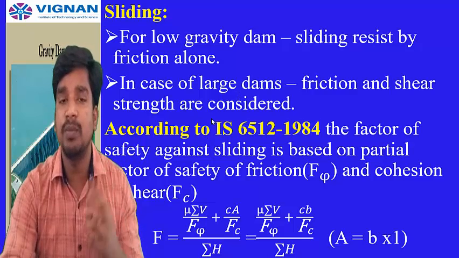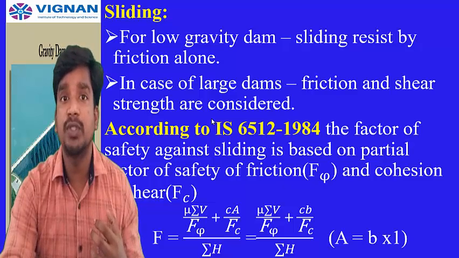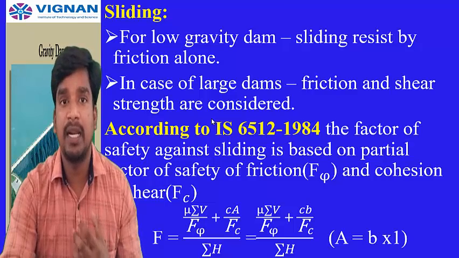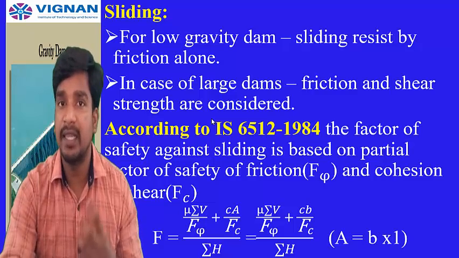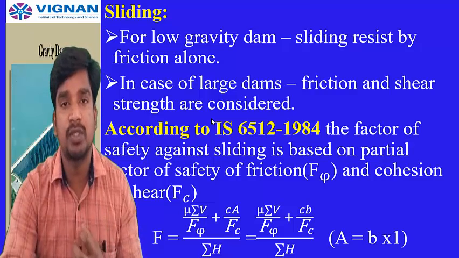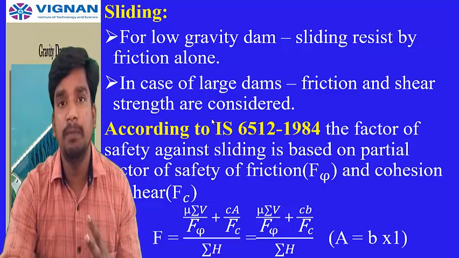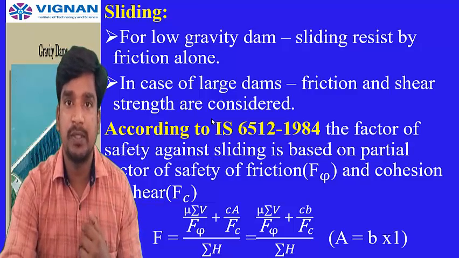Both things need to be considered in the design in order to overcome the sliding force in large dams, like heavy dams with heavy height and heavy material. In that case, both friction as well as shear strength need to be considered in the design. Then only we can overcome the sliding force. Otherwise, it is not possible. Friction cannot alone resist the sliding force in case of large dams.